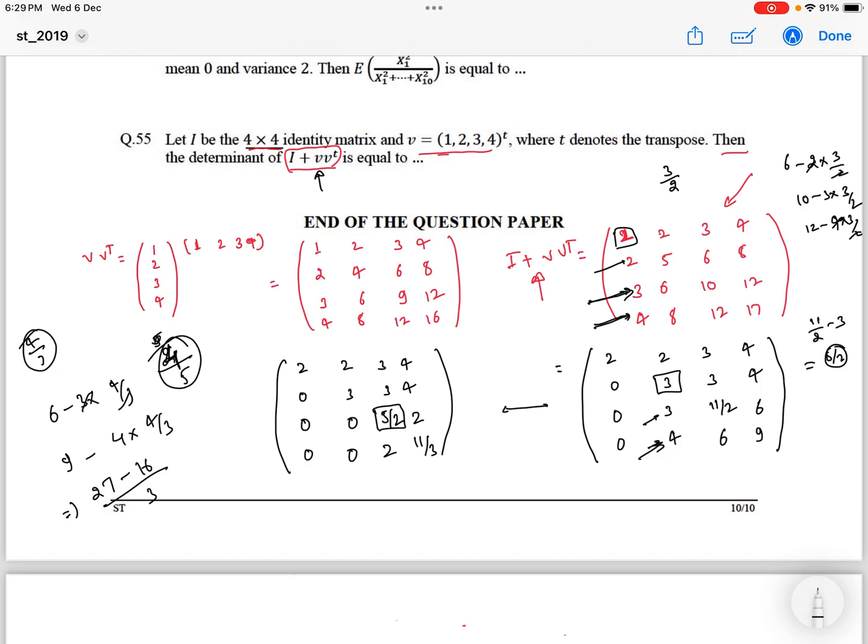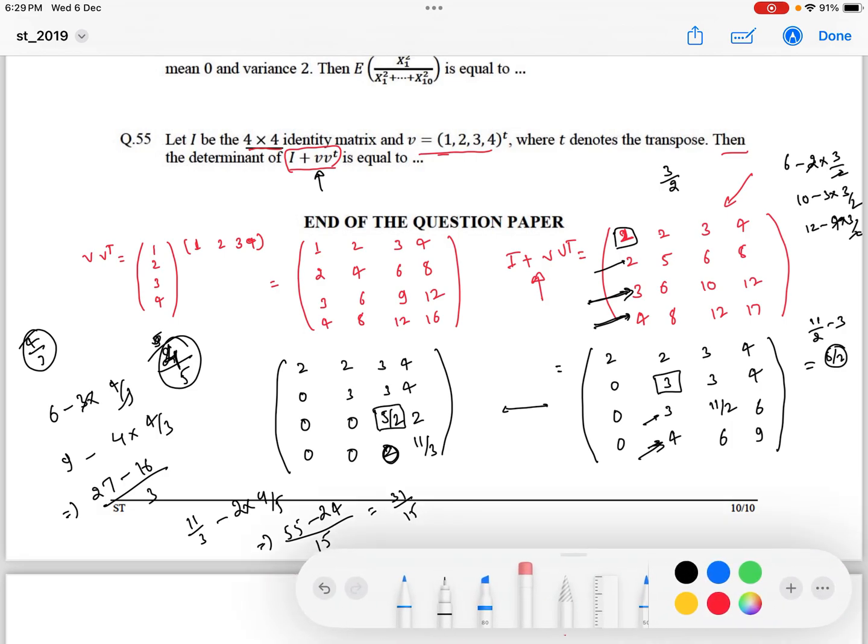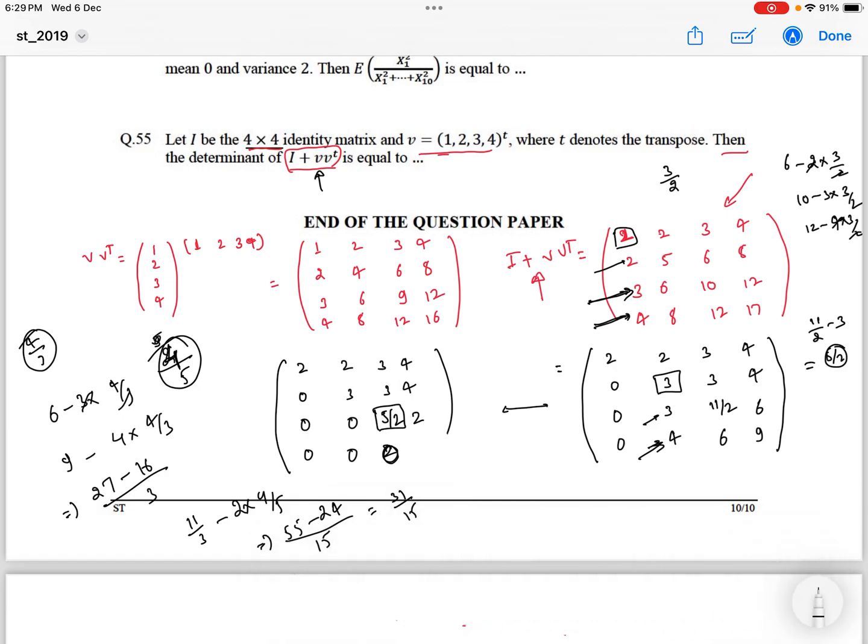We will have to make this entry 0, so this will be 0, and here it will be 11 by 3 minus 2 into 4 divided by 5, so we will have 55 minus 24 over 15, so we will have 31 divided by 15. So after doing the elimination, it will be 31 divided by 15.